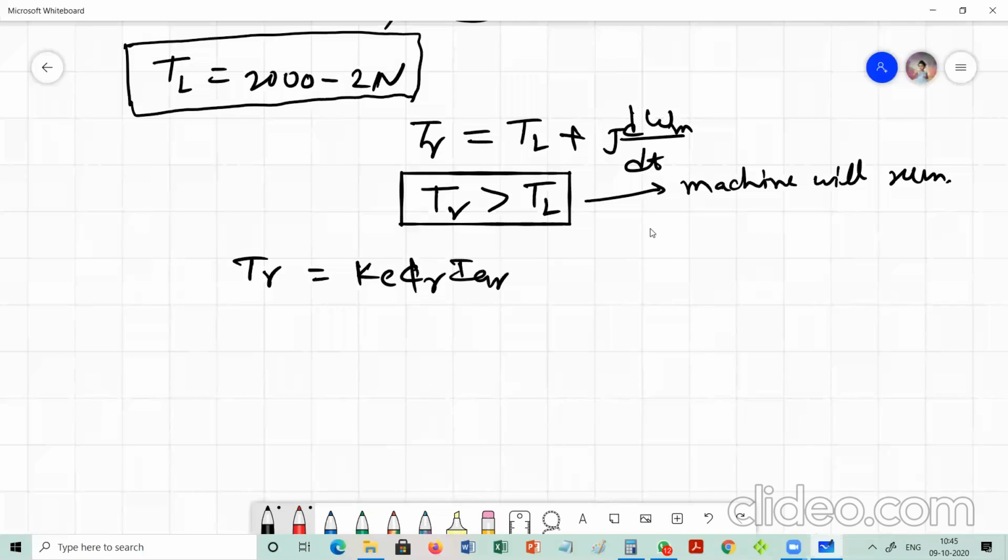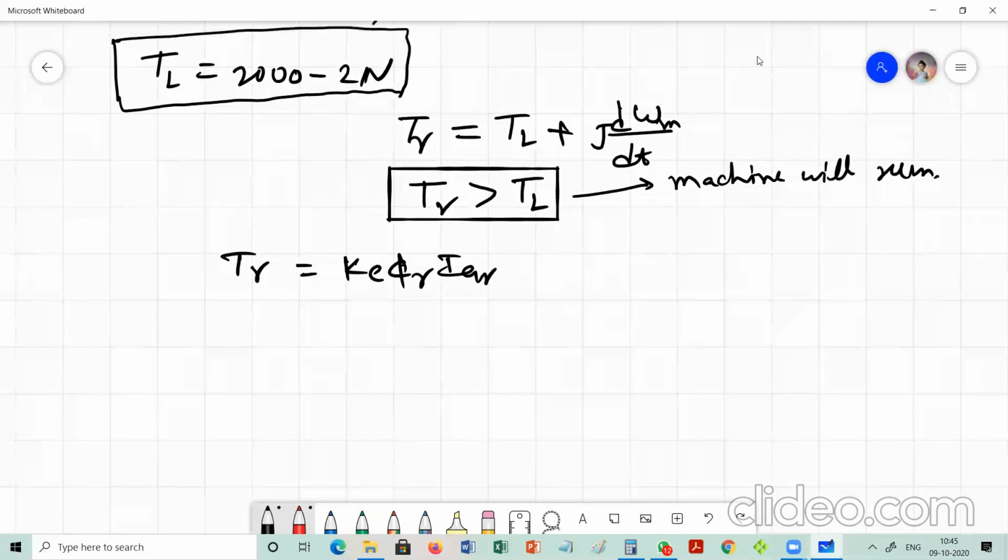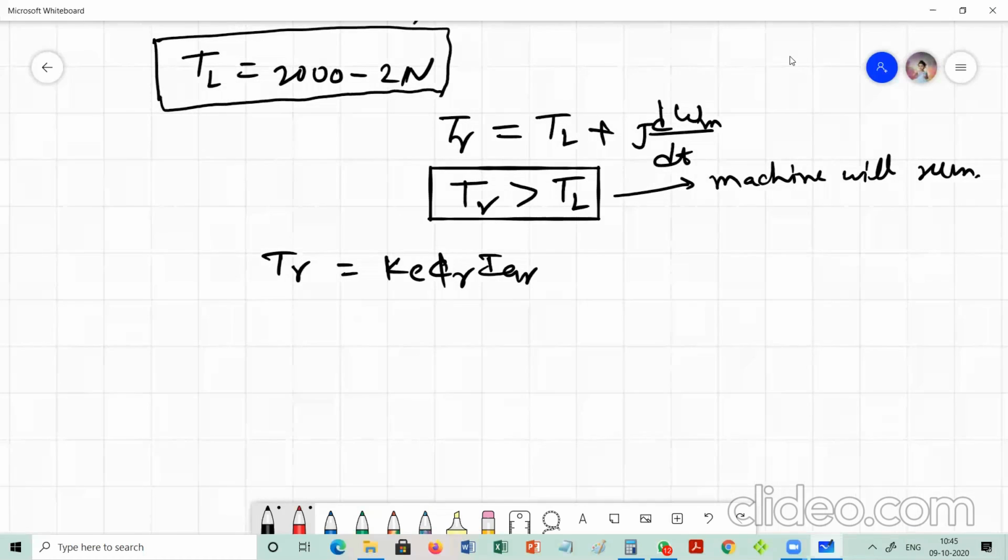So we can't use the ratio T1 by TR to calculate TR. We have to check whether other quantities can help. In this case EBR is equal to KE phi R into omega mr. We know the value of EBR, we know the value of omega mr, IAR is given. So we can calculate TR by taking the ratio.